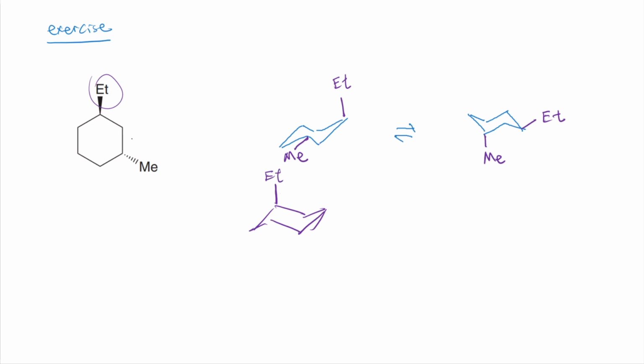And so if you put it in here, that methyl group will be here. And then if you ring flip it, this carbon will be here. So this is Et, and the Me will be here. So actually it does not really matter where you first put the acyl group.